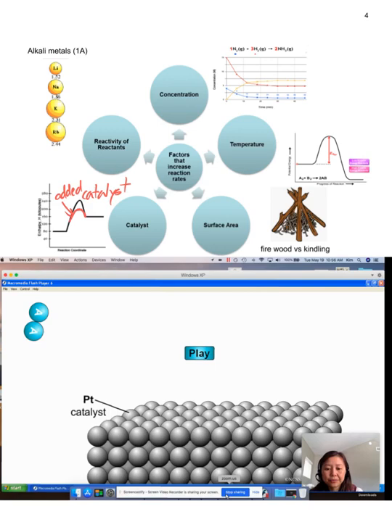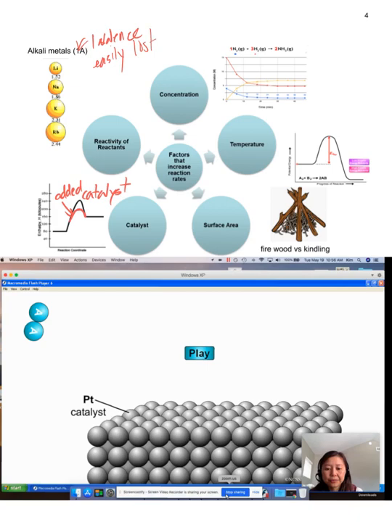This whole group is made up of elements that have one valence electron, and that one valence electron is easily lost.